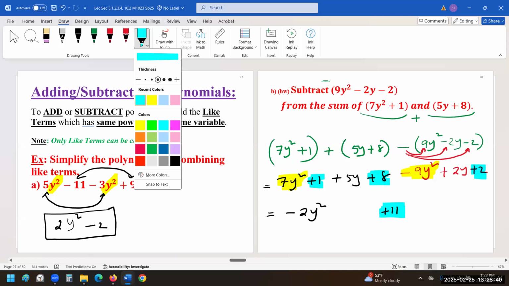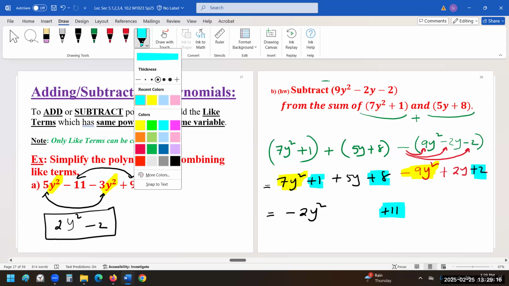You're subtracting this, because when you combine the 7y squared plus that, it's one term minus the other. That's why I think everyone was a little confused, but we did the sum first. Okay, so the sum is 7y squared plus 5y plus 9, right? From the sum, you have the two things the same, and 8 and 1 give you 9. And now from that, you subtract this. But when you subtract these, you have to change your sign.